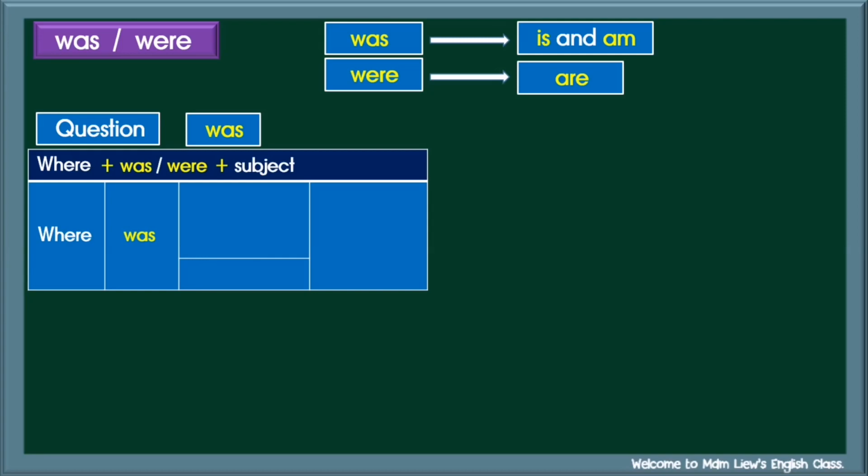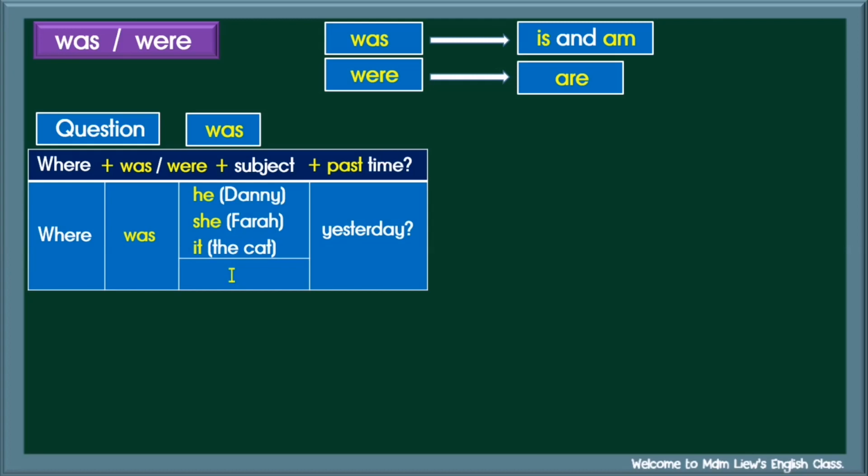The be verb was is used with singular subjects he, she, it, and special subject I. Then the past time. Example, yesterday. And don't forget the question mark. Remember, we use was with singular subjects he, she, it, and special subject I.